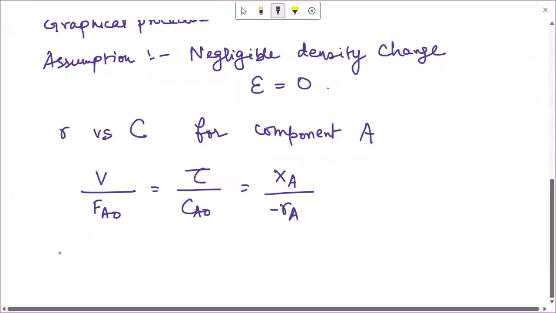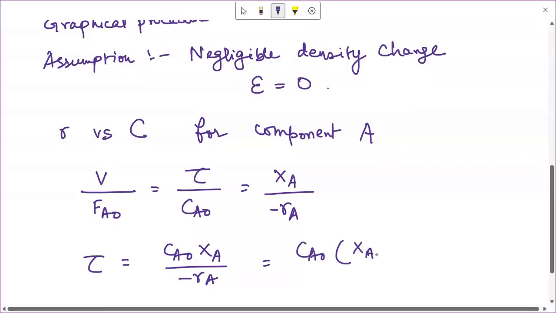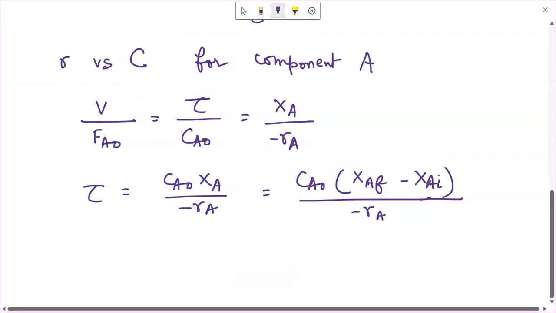Another way to write this is tau equals Ca0 Xa by minus Ra, or Ca0 into Xa final minus Xa initial by minus Ra. I for initial, F for final.